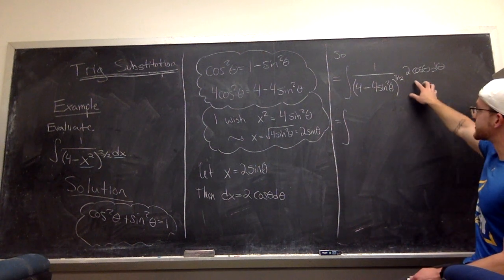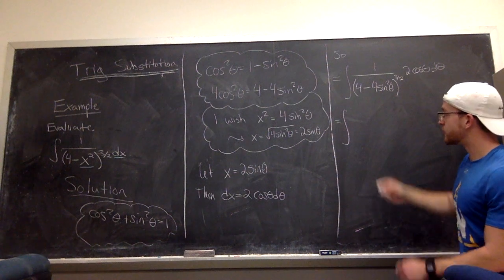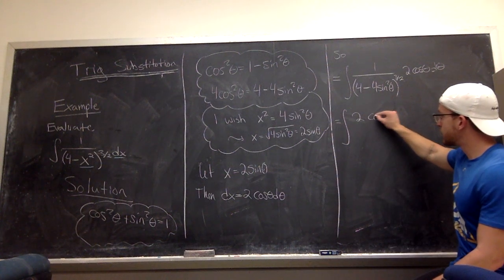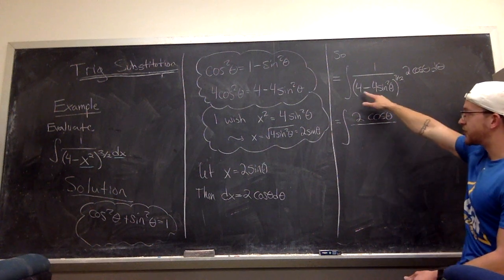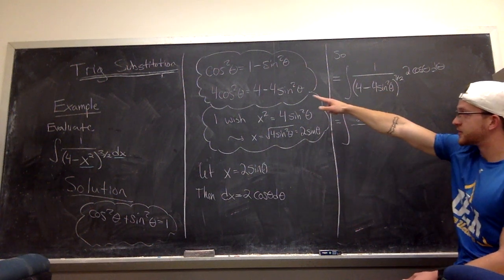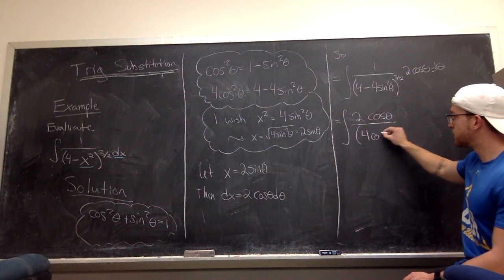So let me rewrite this a little bit. The 2 cosine theta, I'll just put in the numerator of the fraction. And then downstairs, I've got 4 minus 4 sine squared theta, which is exactly 4 cosine squared theta.